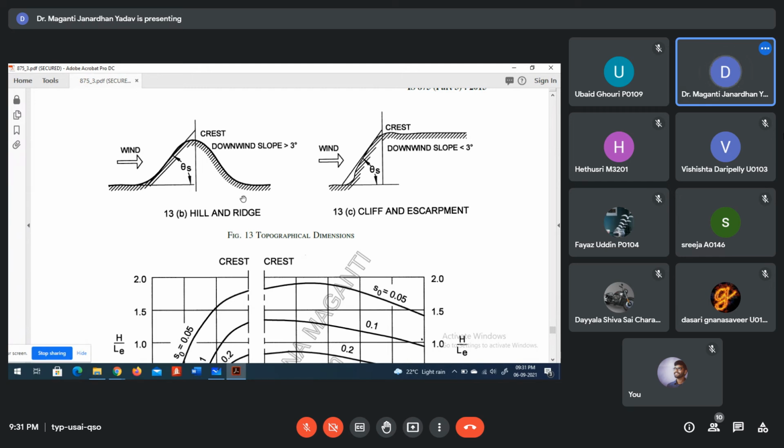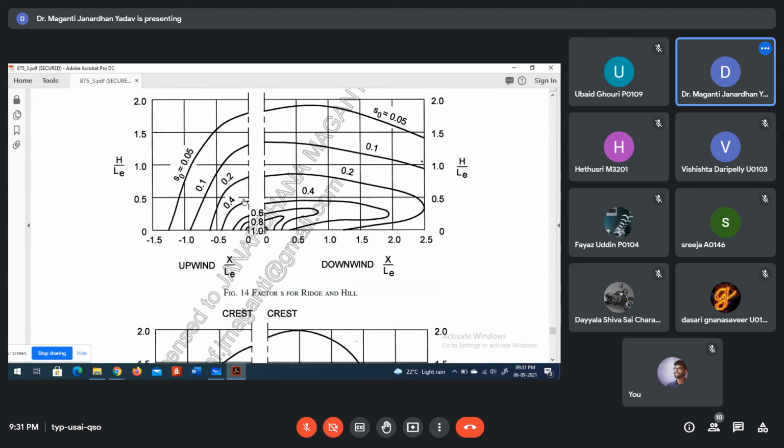Hill and ridge. It should be the table, it should be figure 14, Baba.